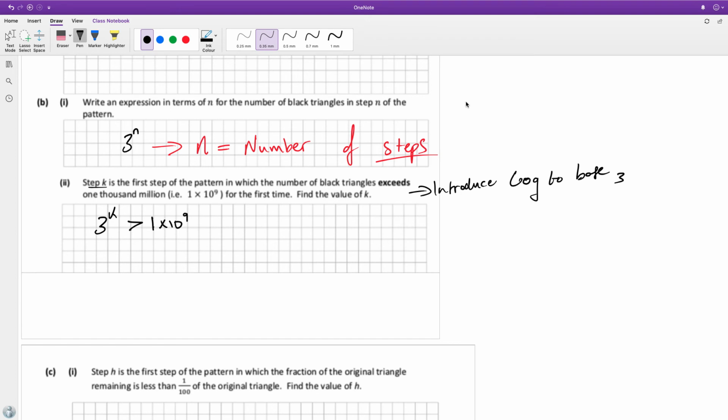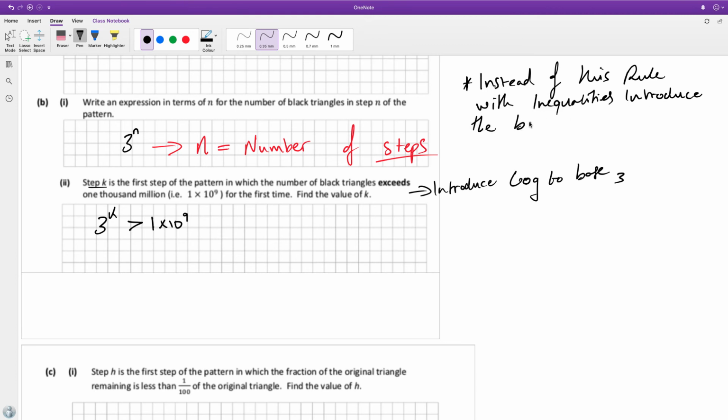So if you want to make a little note in your logbooks, instead of using this rule with inequalities, introduce the log to the base same as the power, same as the indice.